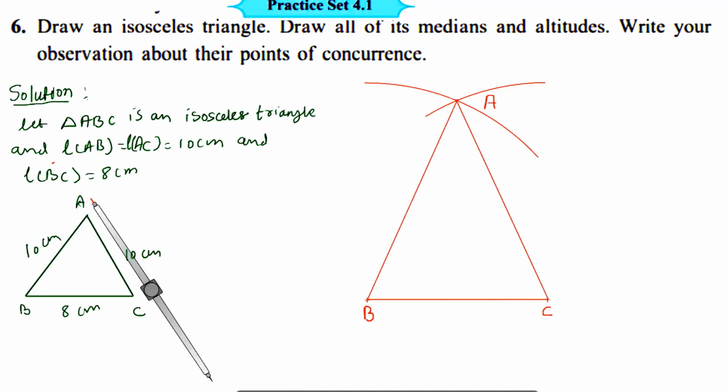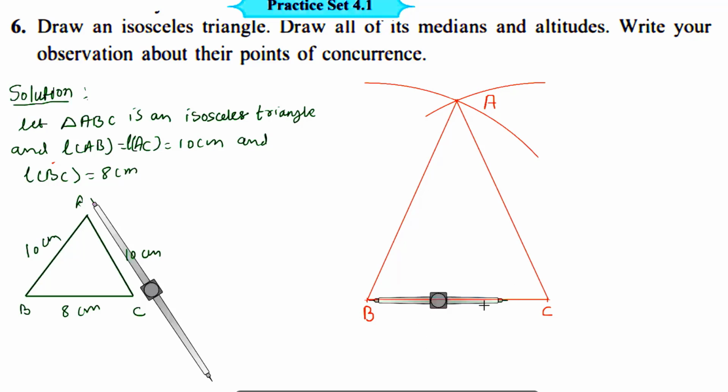The second part of this question is to draw all of its medians and altitudes. First draw the medians. We know that a median means a segment joining the vertex of a triangle and the midpoint of the opposite side. So, let us first find the midpoints of all three sides of the triangle with the help of a compass.